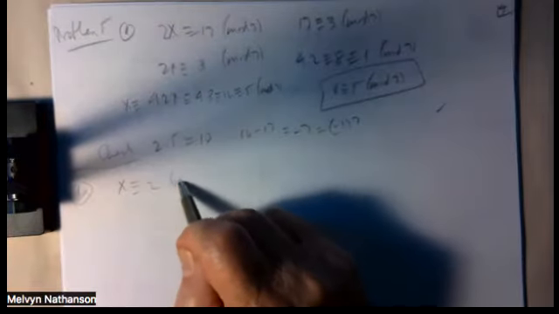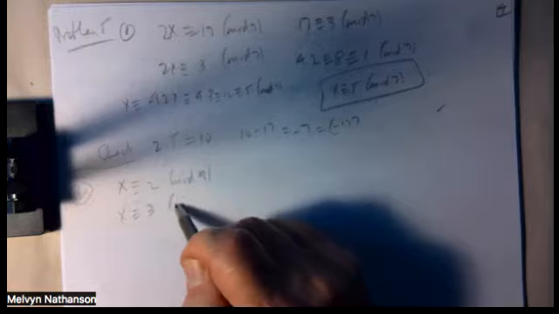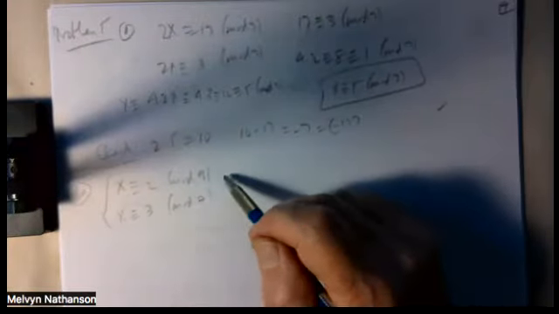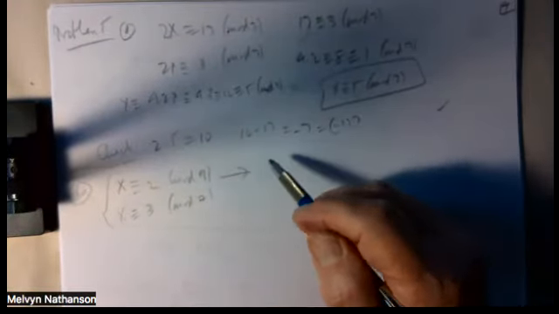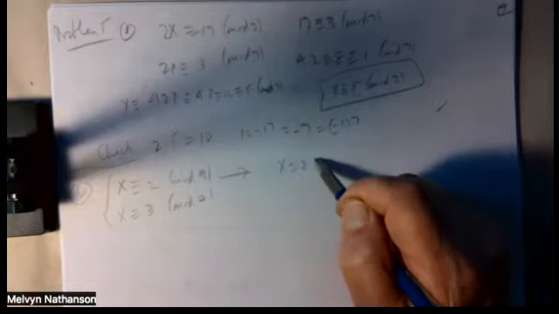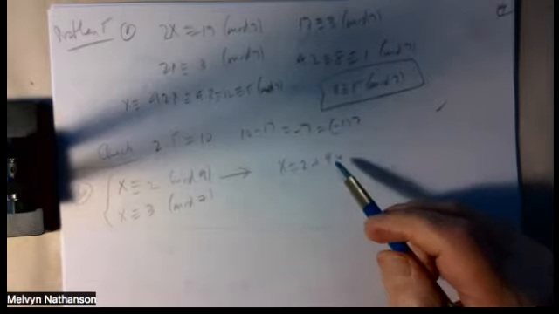Part B, we want to solve a system of congruences, x congruent to 2 mod 9, and x congruent to 3 mod 7. That is, we want to find all numbers x that satisfy these two congruences. So this first congruence says that x is 2 plus some multiple of 9.